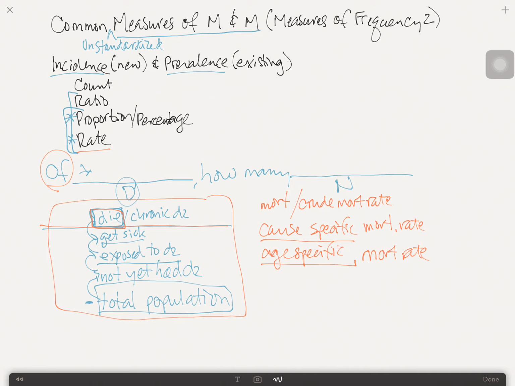There are some other rates that are very important to us in terms of pregnancy and birth. And those are the fertility rate and the birth rate. Fertility rate often is of all women who could have a baby, a lot of times we call that age 18 to 45.